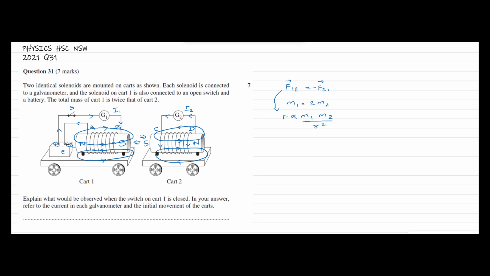Please don't get confused over here. In this expression, M1 and M2 represent the pole strength. Based on this, we can conclude that F12 will be equal to F21 in magnitude. So that's the background.